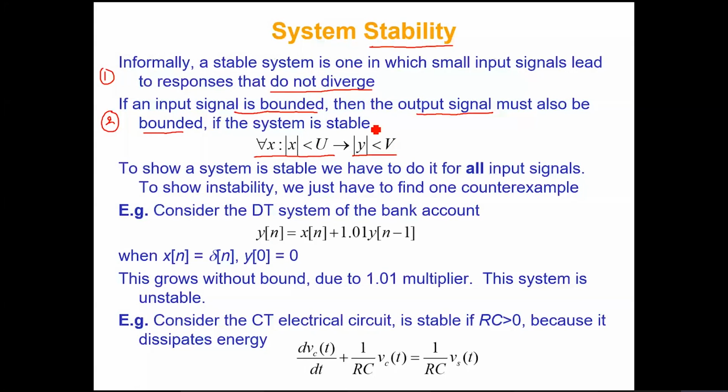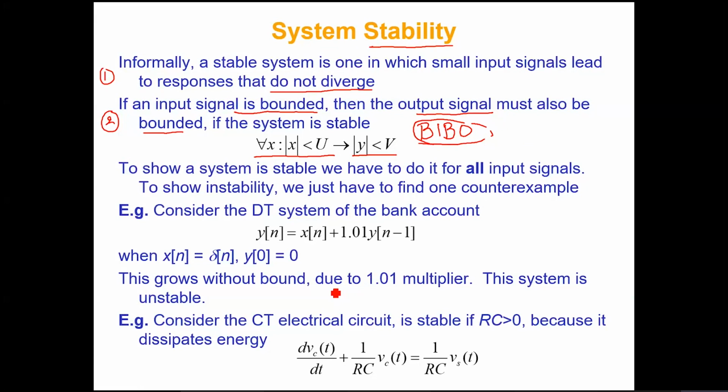So this is mathematically saying the same thing, and we tend to write it as BIBO. A system is stable if for bounded input it gives bounded output. Then we say that we have a stable system, bounded input giving bounded output.